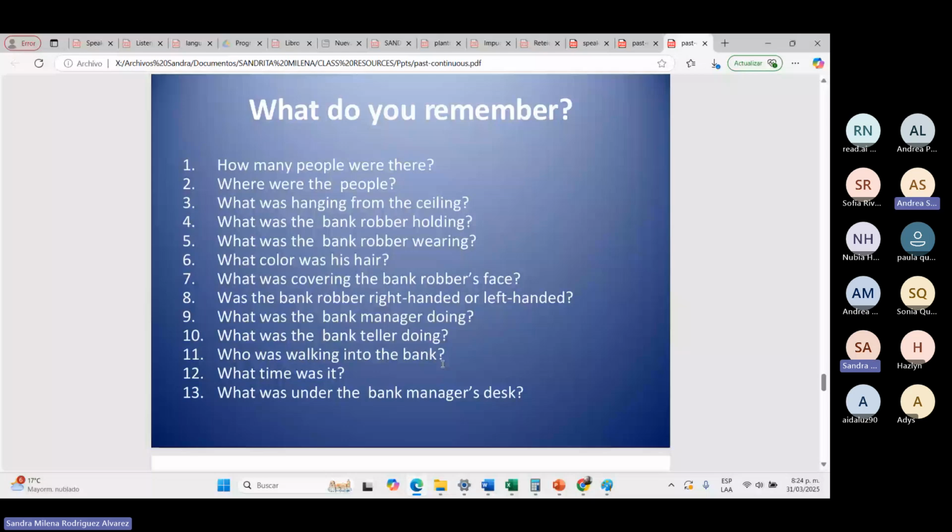What was the bank robber, right-handed or left-handed? Right-handed. Maybe right-handed. What was the bank manager doing? What was the bank teller doing?